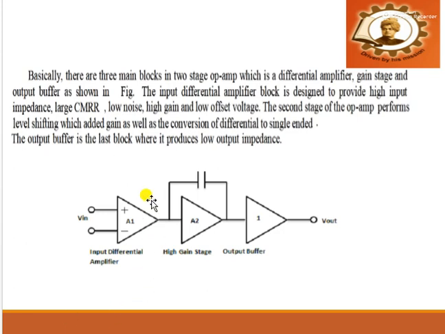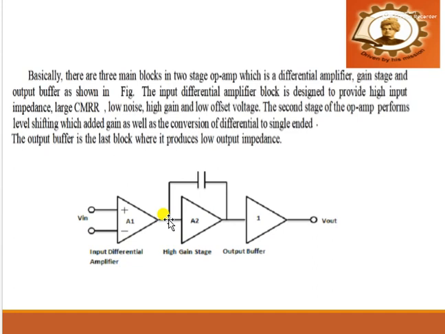There are three stages of an op-amp. The first one is called the input differential amplifier, the middle one is called the high gain stage, and the last one is called the output buffer. The input differential block provides high input impedance, large CMRR, low noise, high gain and low offset voltage.